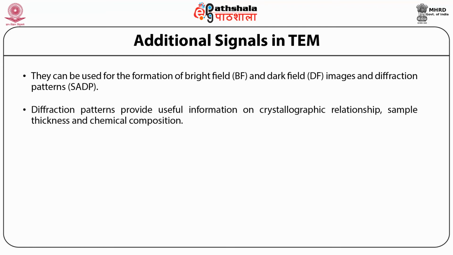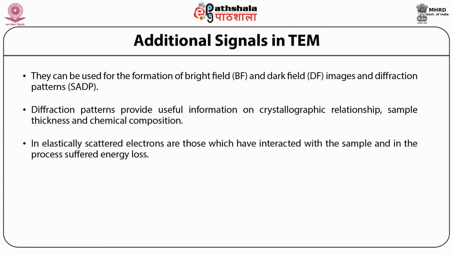Diffraction patterns provide useful information on crystallographic relationship, sample thickness, and chemical composition. Inelastically scattered electrons are those which have interacted with the sample and in the process suffered energy loss.